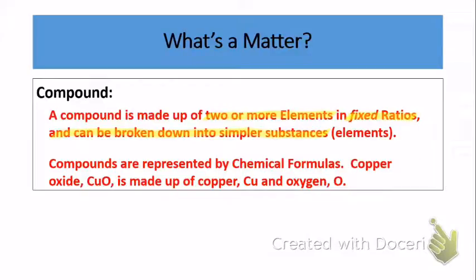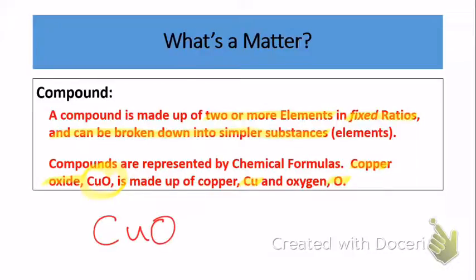For instance, let's say we have a chemical compound, copper oxide. Now, copper oxide is made up of the elements copper and oxygen. And when those two come together, they form a compound that we call copper oxide, that has a chemical formula of CuO.